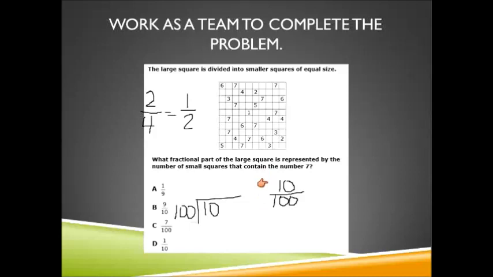So I want you to think about our problem again. Do we need to divide like this to simplify this down? What do you think? No, you have to divide 10 by 100. I just found out that it takes 10 of the 10s to make 100, because it already has 10 over 100.